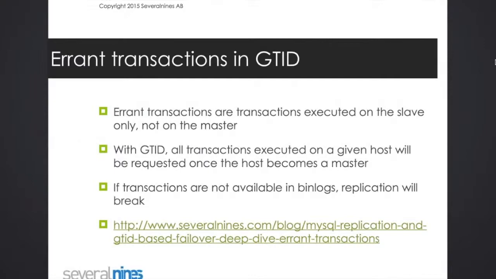Then every slave that will be slaving off this master will ask for those transactions, and the problem will show up when those transactions are no longer in the binary logs. Let's say I executed them 2-3 months ago. They're not in the binary logs anymore, and the replication will break.